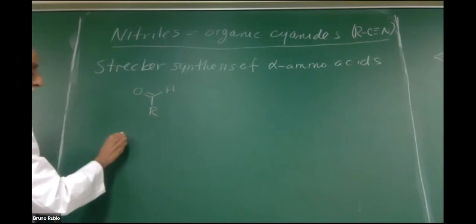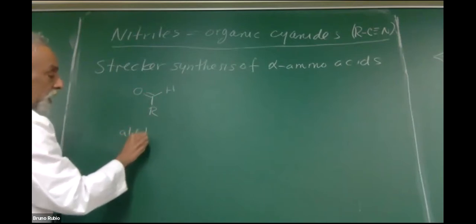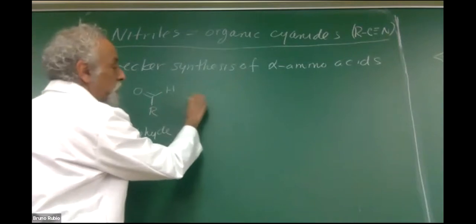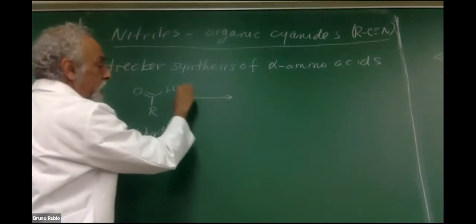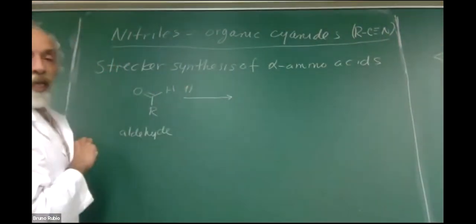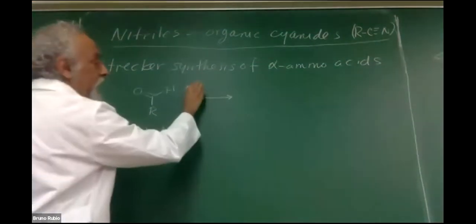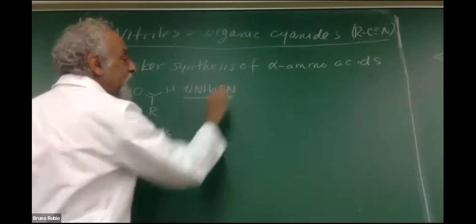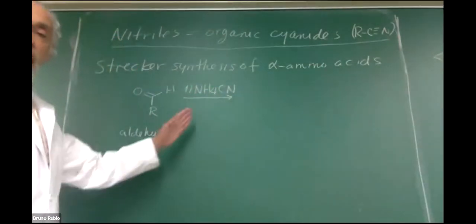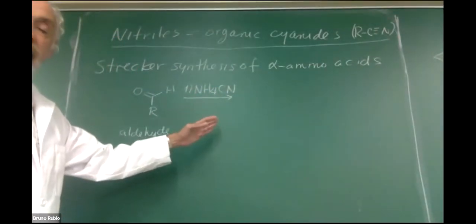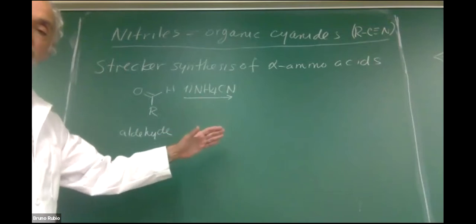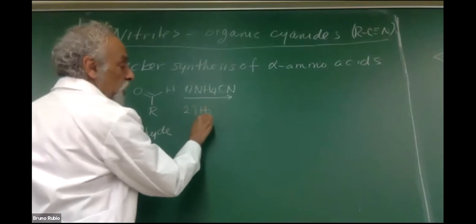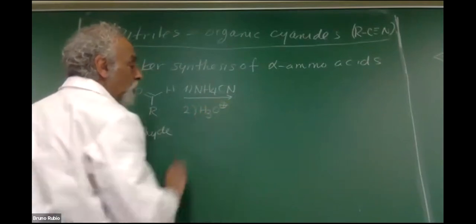So this is an aldehyde. And it's a two-step reaction. In the first step, the aldehyde reacts with something called ammonium cyanide, right? And we'll have a lot to say about ammonium cyanide in a little bit. So that will be the first step. And in the second step, it's acid and water.